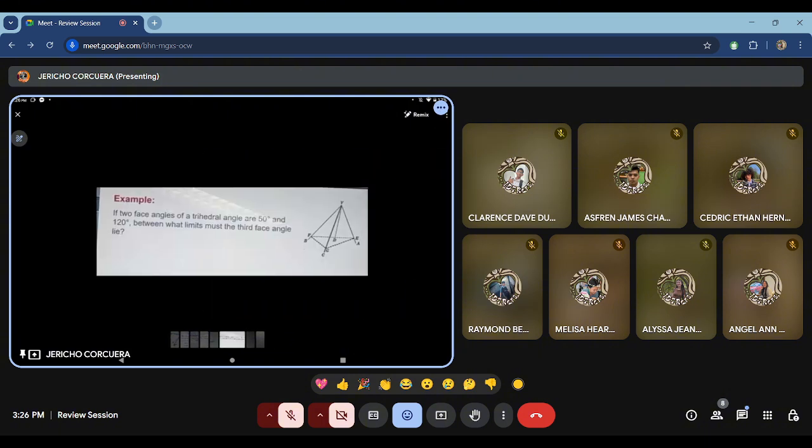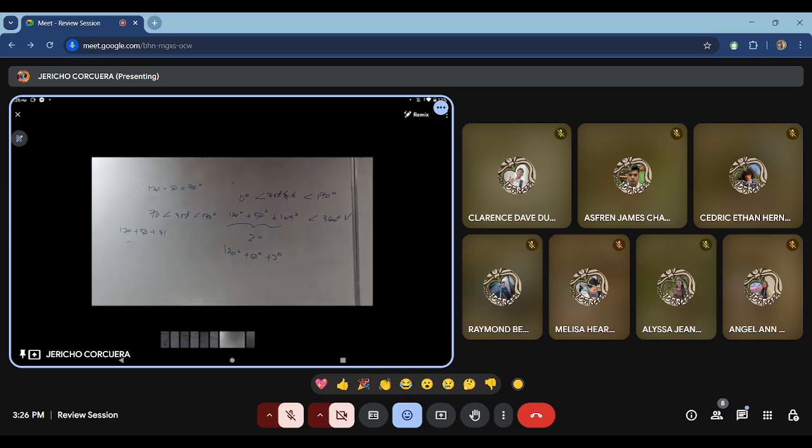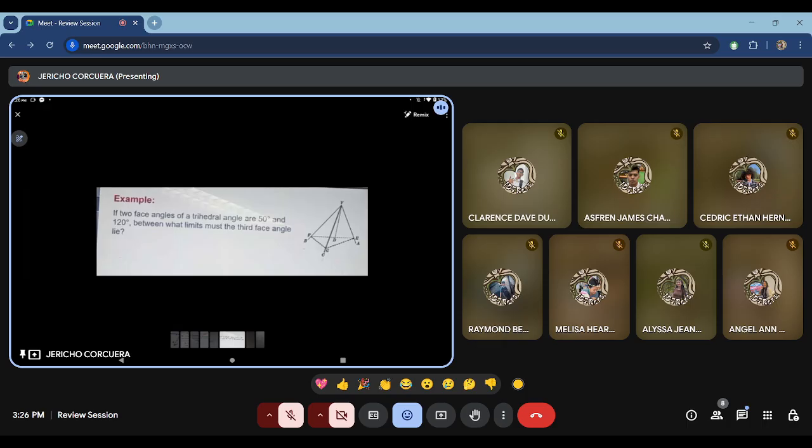Next, we have here: if two face angles of a trihedral angle are 50 degrees and 120 degrees, between what limits must the third face angle lie? Since we have theorems here, the sum of two face angles is greater than the third and the total is less than 360 degrees, and it must satisfy both.